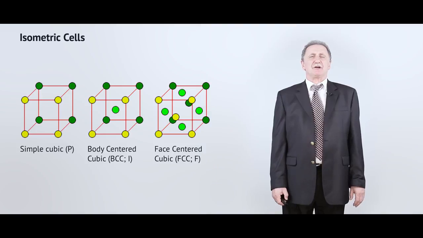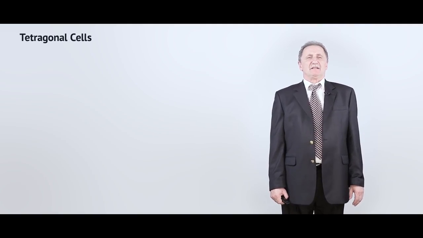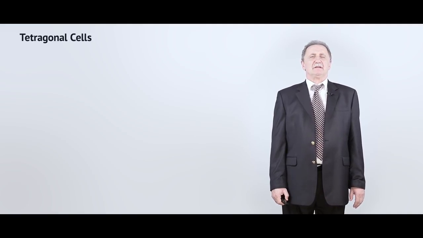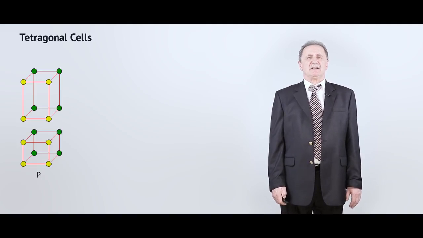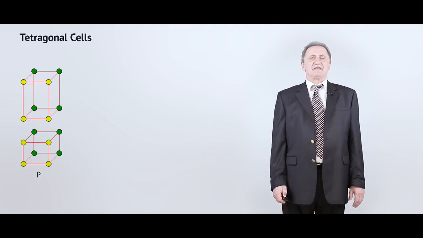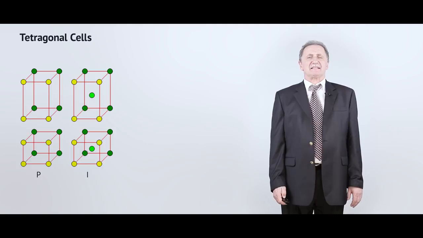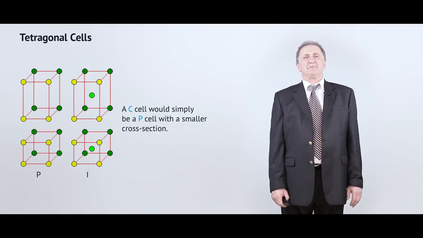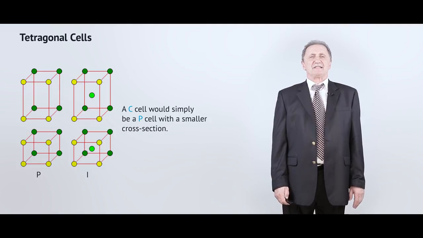In the tetragonal crystal system, we have two types of Bravais lattice. One is primitive, as we described before, and the other one is body-centered, when an additional atom is sitting in the center of the cell. Put your attention that the C-type or base-centered structure doesn't exist because it would simply be a primitive cell with a smaller cross-section of the unit cell.